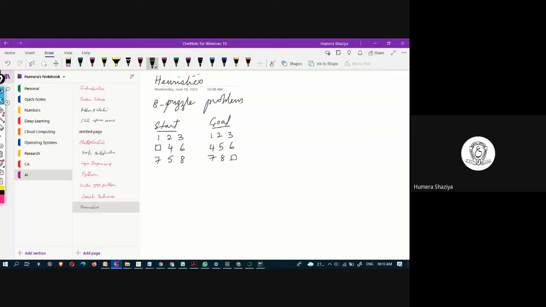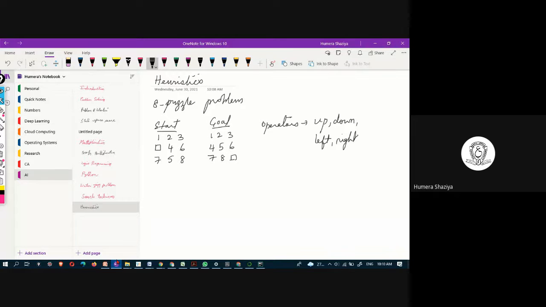To solve this problem, we have operators or actions that are 4 in number: up, down, left, right. What do you mean by operators?